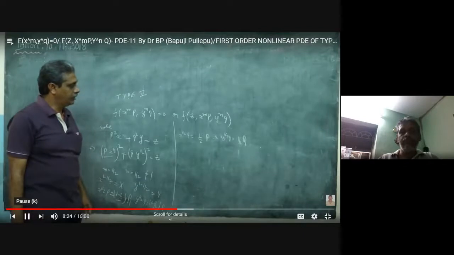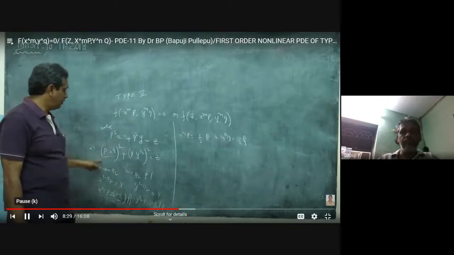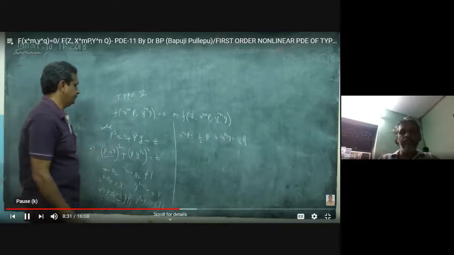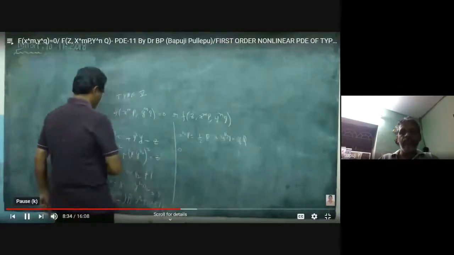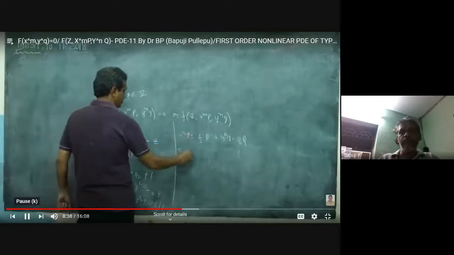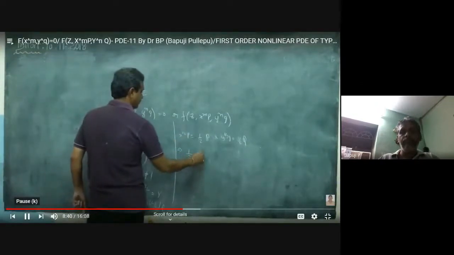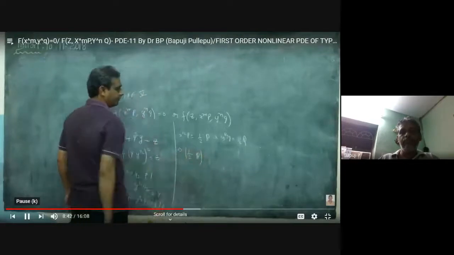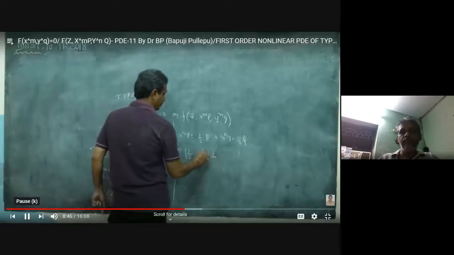So x power 1 by 2. Now go back and substitute into my problem. What does the whole thing become? P into x to the power of 1 by 2 is 1 by 2 capital P. Whole square.